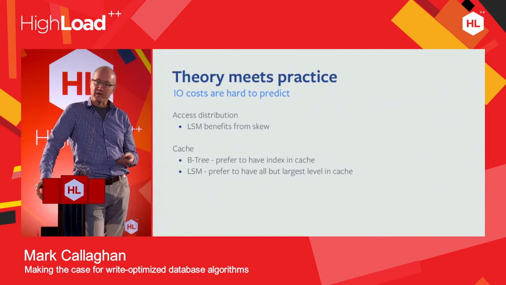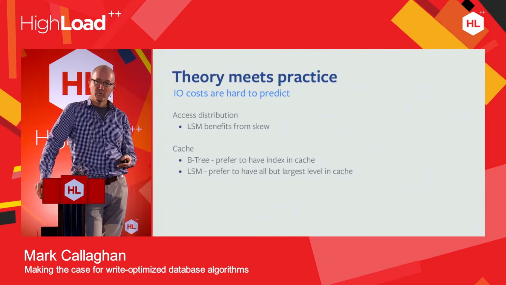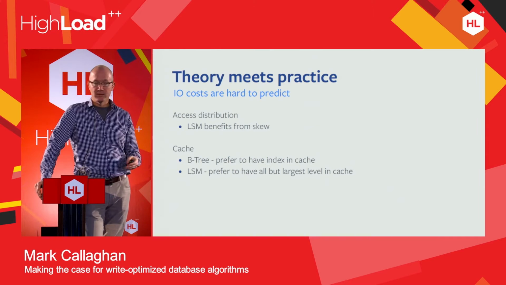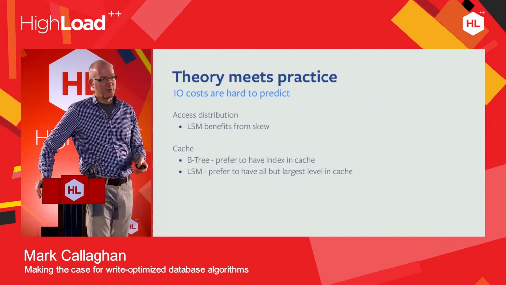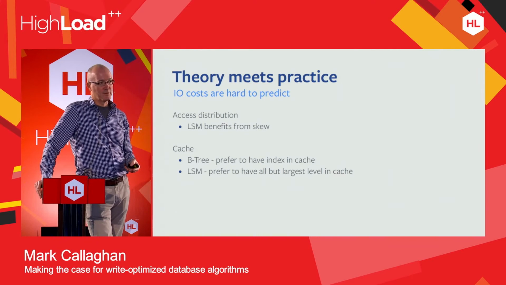I/O costs, how much storage a workload will use in terms of space, reads, and writes, is difficult to predict for a couple of reasons. One is that access distributions in production have skew, and algorithms benefit differently from skew. And by skew, I mean some keys are more likely to be written and read than other keys.